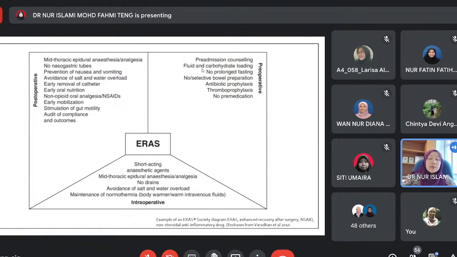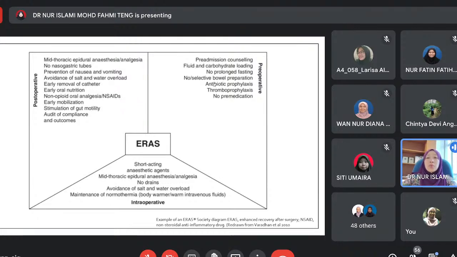Apa maksudnya? Maksudnya sebelum dia pergi surgery, about 12 hours, 6 hours tu kan, beberapa hari sebelum surgery juga, untuk fluid and carbohydrate loading ni is like few days before the surgery, one night to take the surgery, kita bagi dia makan solid yang include carbohydrate. And then tapi bukanlah binge, maksudnya ada makanan tu ada unsur carbohydrate, the patient should take that.